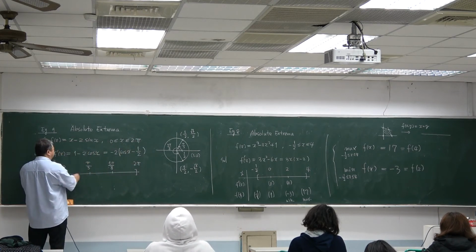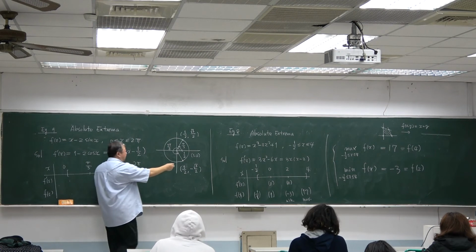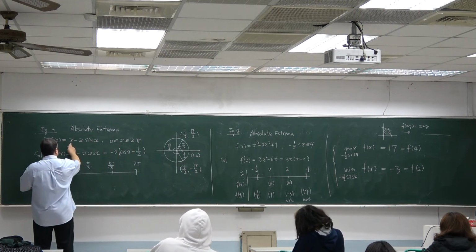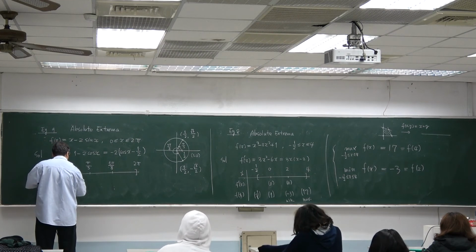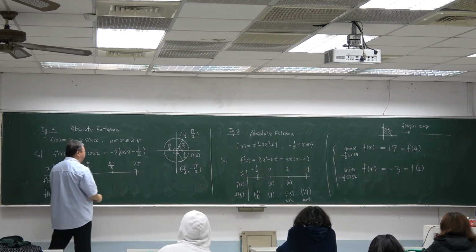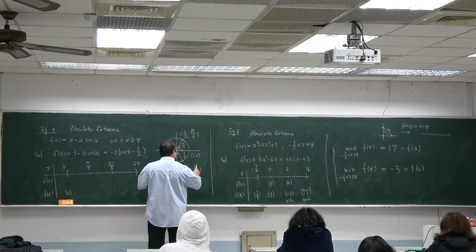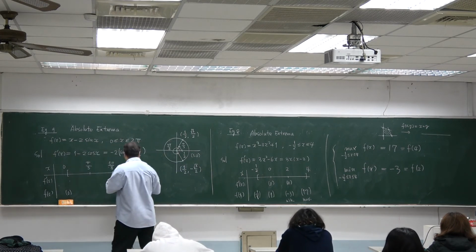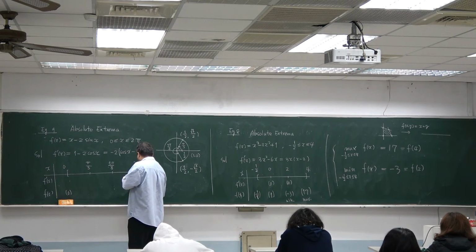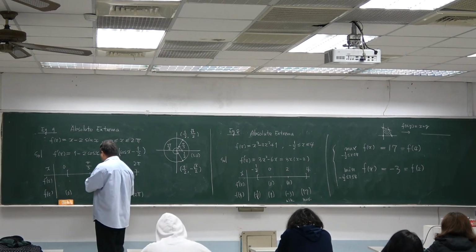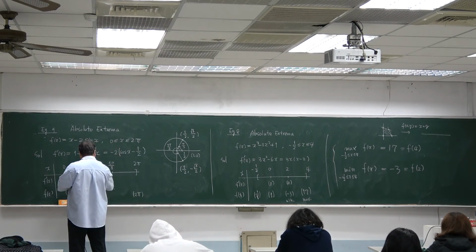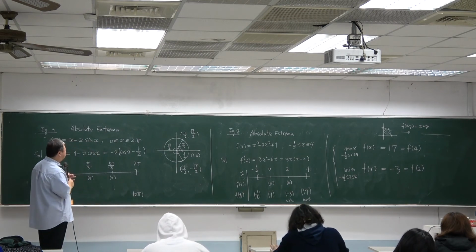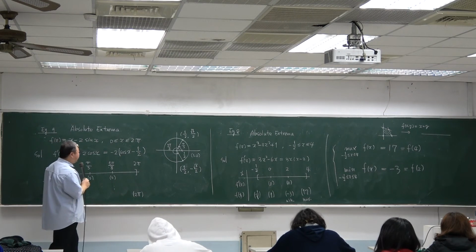Okay, at 0, sine 0 is 0. And x is 0, so this is 0, boundary point. And at 2 pi, sine 2 pi is 0. So this is 2 pi. Here, the derivative is 0. Okay.